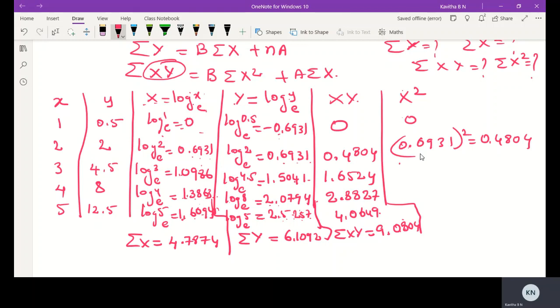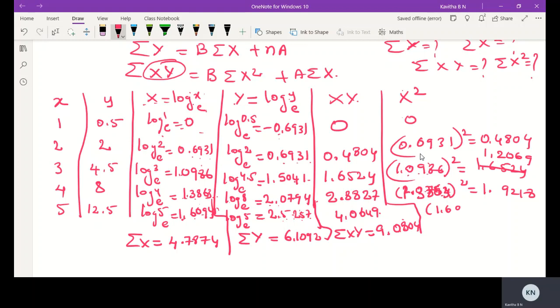Next term, 1.0986 whole square is 1.2069. 1.3863 whole square is 1.9218. 1.6094 whole square is 2.5902.